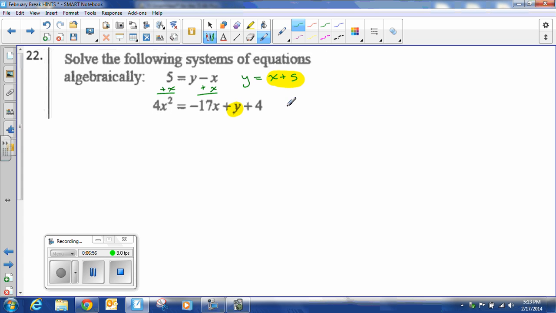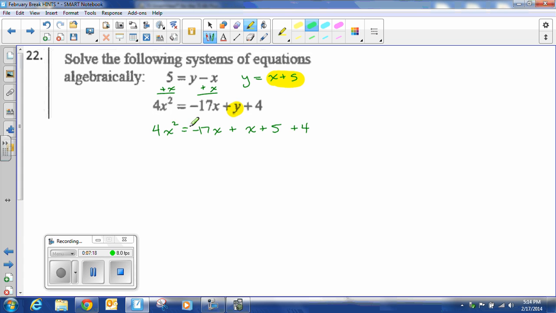So now we can simply rewrite this quadratic equation, 17x plus x plus 5 plus 4. We can go through, we can combine like terms.